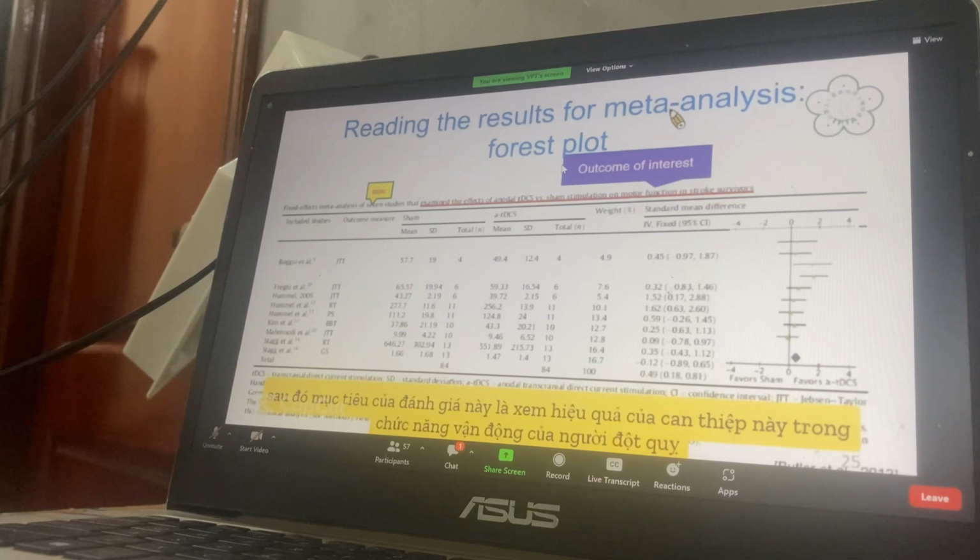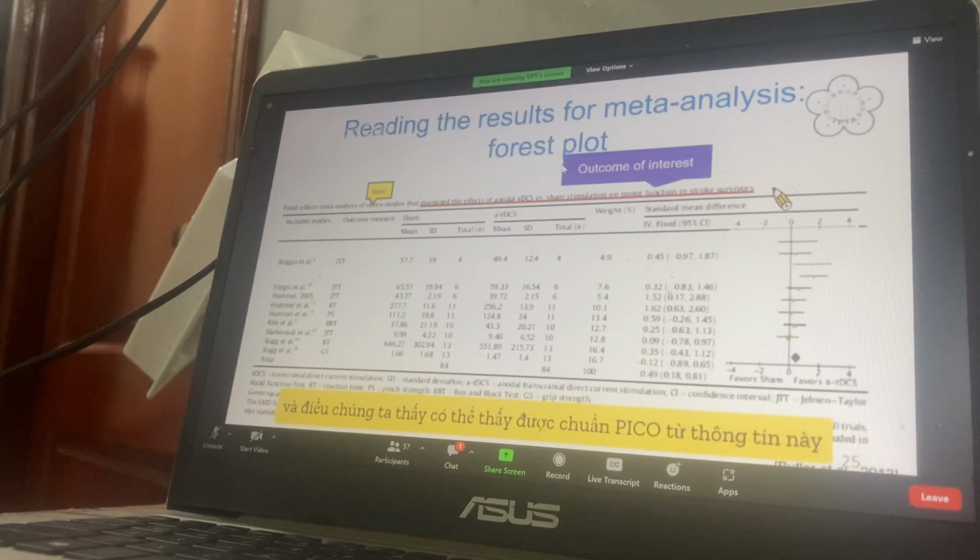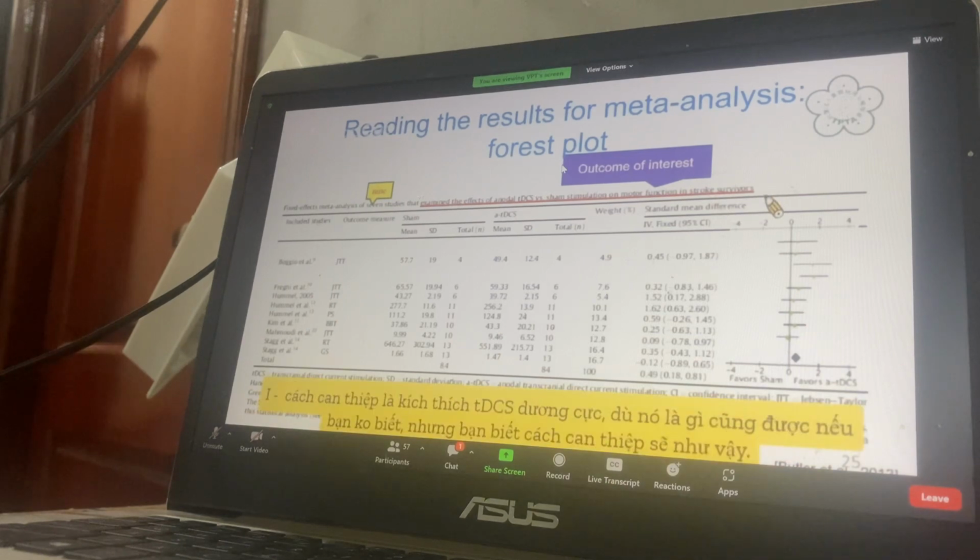And then the goal of this review is to look at the effect of this intervention on motor function in stroke survivors. And what we can see here is, from the title, we can get the PICO out of this information. P, participant, will be stroke survivors. I, intervention, will be anodal tDCS, whatever that is.